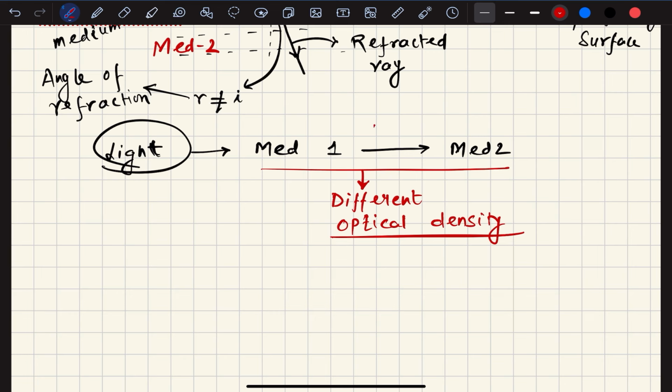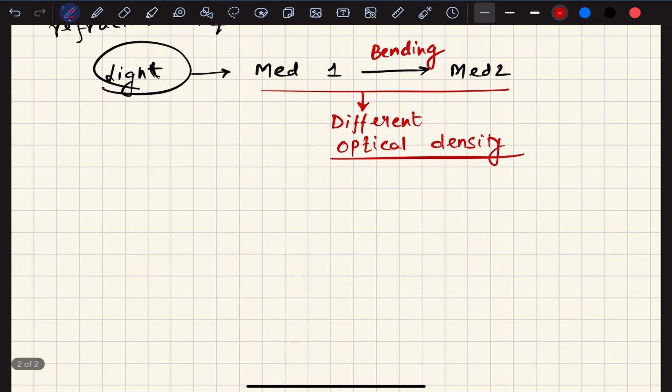From medium 1 to medium 2, if there is bending, that means medium 1 and medium 2 do not have the same optical density. Now the question is, what is optical density? Very often this optical density is equated with the density of the medium. Absolutely not true. Optical density is not the density of the medium.